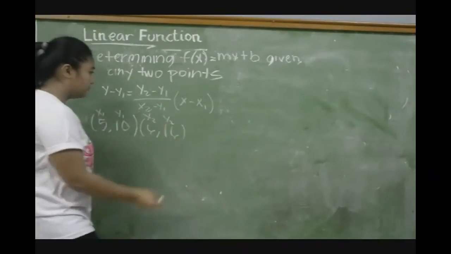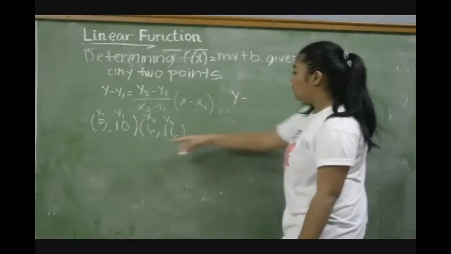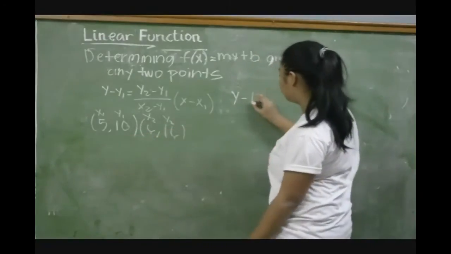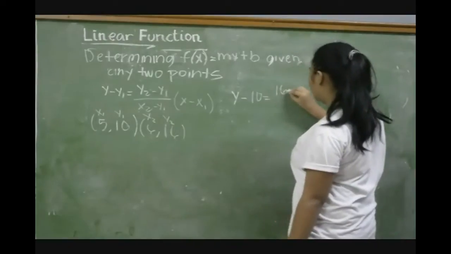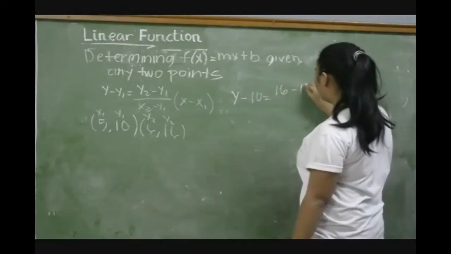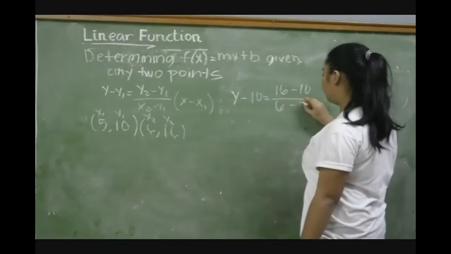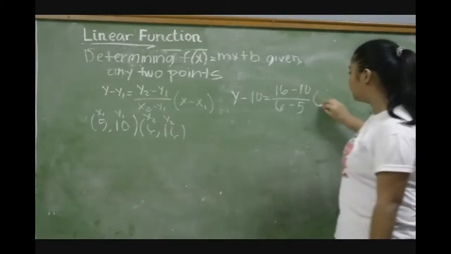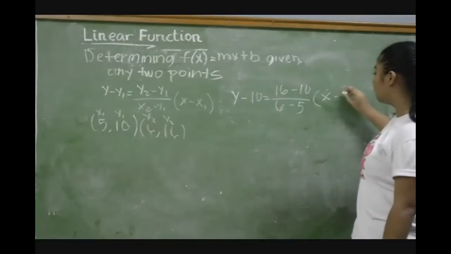Then substitute. Y minus y sub 1 is equal to y sub 2 minus y sub 1 all over x sub 2 minus x sub 1, times x minus x sub 1.